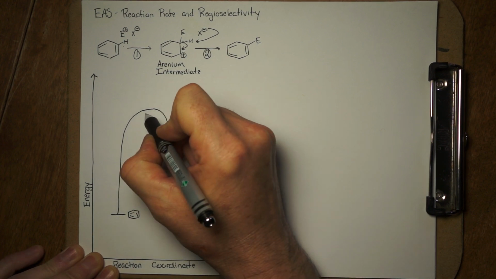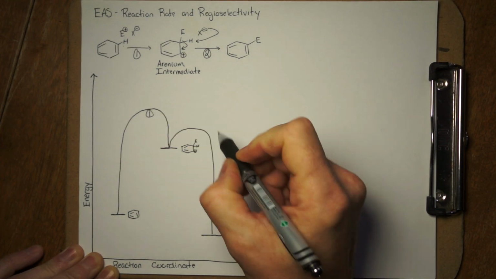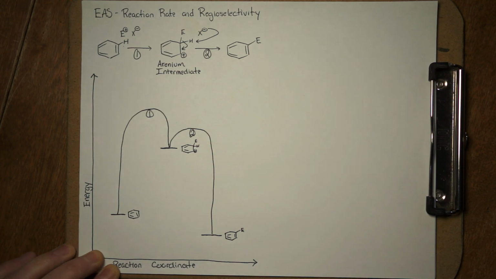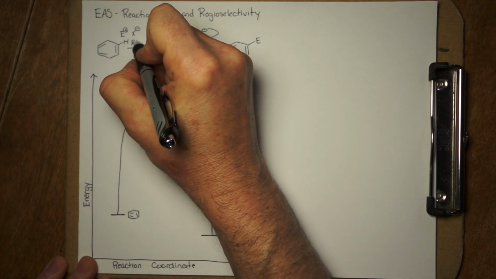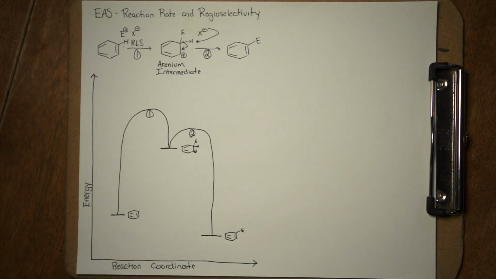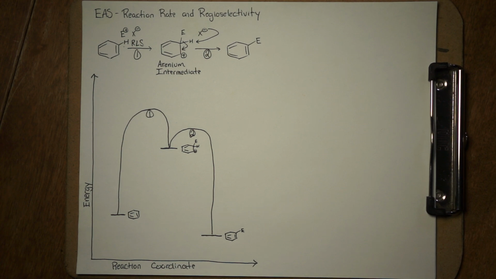On the energy diagram, this would be step one, and this would be step two. It's important to note that step one is the rate limiting step. So the formation of that intermediate, the arenium ion, determines the rate of the reaction, how fast that reaction occurs, or how frequently that occurs over time.